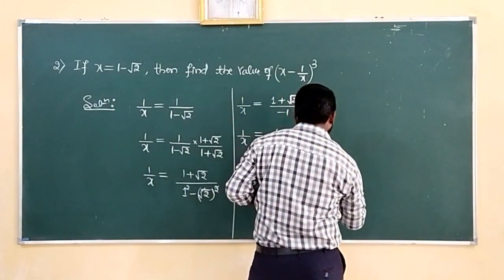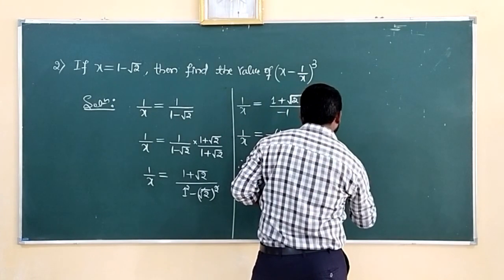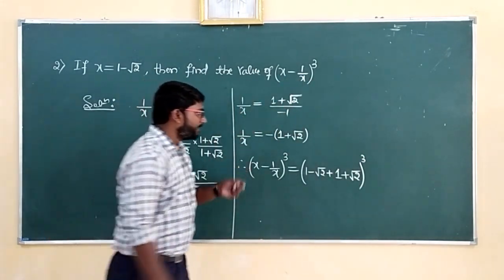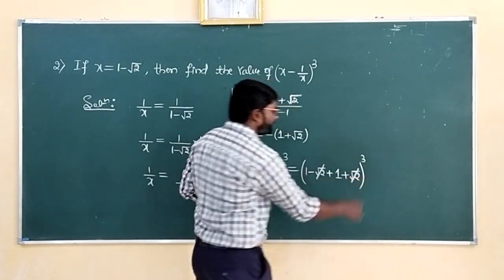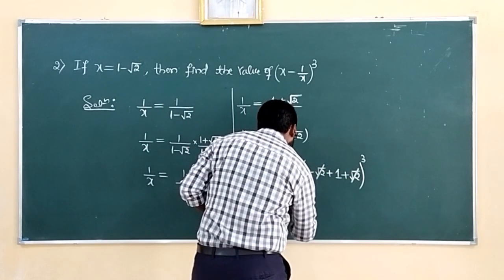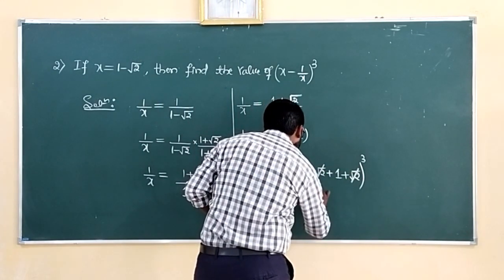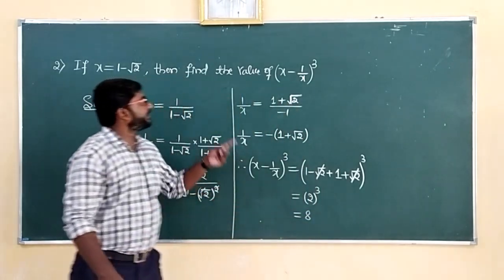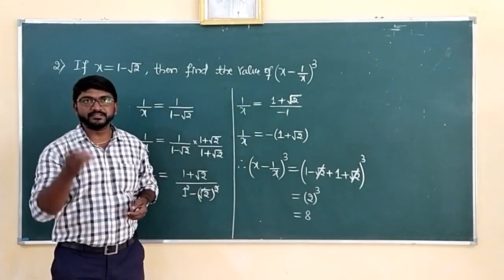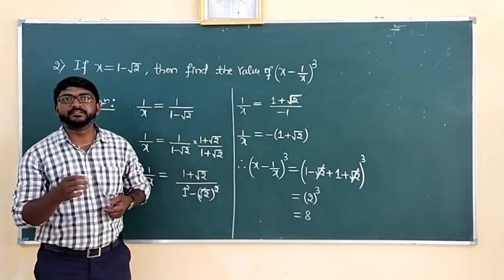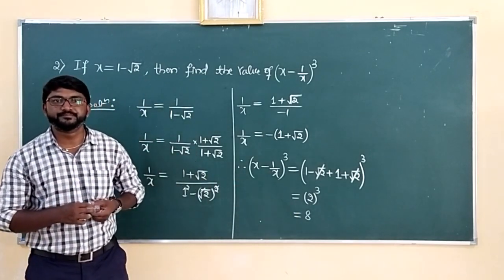We get 1 plus root 2 the whole to the power 3. Now minus root 2 plus root 2 get cancelled. 1 plus 1 is 2. So we get 2 raised to 3, which equals 8. Therefore the value of x minus 1 by x whole to the power 3 is 8. This is all about the second example problem.